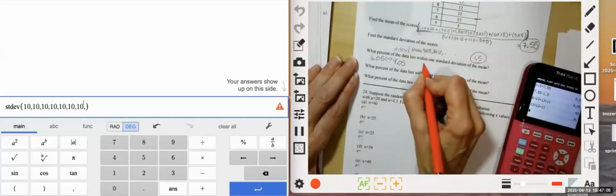Are we including the 6? No, we are not including the 6. I'm sorry, I'm a little flustered right now. We're just including 13 plus 12 plus 11. And that would be 36 out of 60.